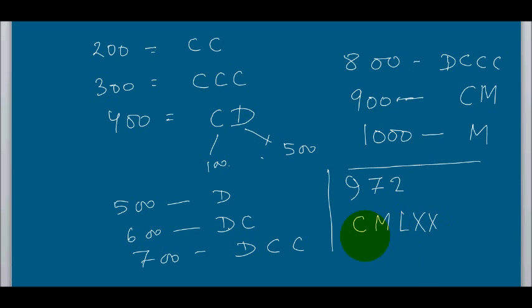For 900 I have written this one, and this is 70, and this is 2. So 972. It is very easy. With this analogy you can form any number. I think these are very good tips that I have given here. You can apply them anywhere.